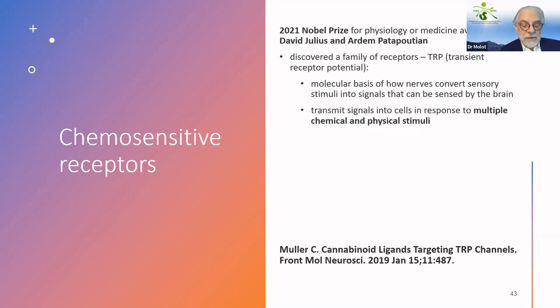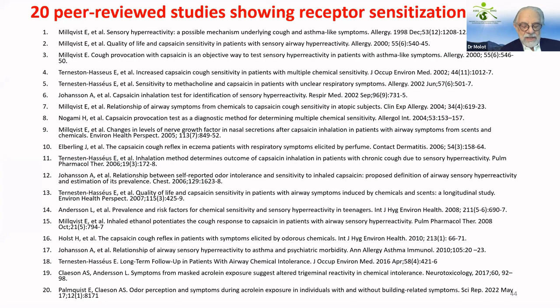These receptors respond to multiple chemical and physical stimuli and transmit the signals into cells. Most significant is the robust evidence that these chemosensitive receptors can become sensitized. There are now 20 studies published in peer-reviewed journals which show the two members of that TRP family, TRPV1 and TRPA1 receptors, are sensitized in multiple chemical sensitivities.